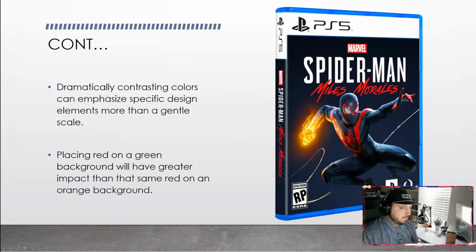You've never seen Spider-Man with an electric fist before. Your eyes go first on that cover, wham, right to this fist. Whoa, I didn't know Spider-Man could shoot lightning! Placing red on a green background will have a greater impact than that same red on an orange background. The contrasting colors are going to pop.